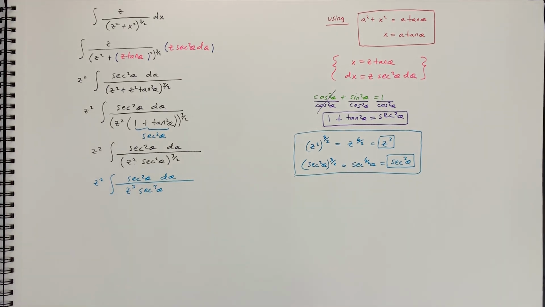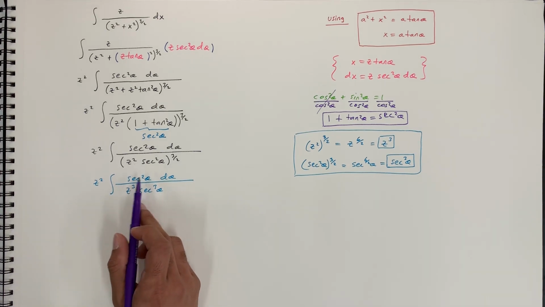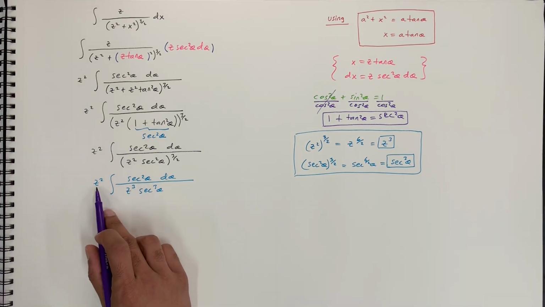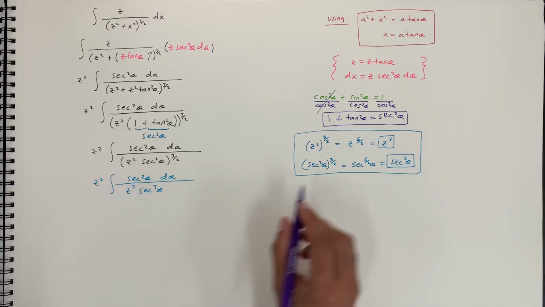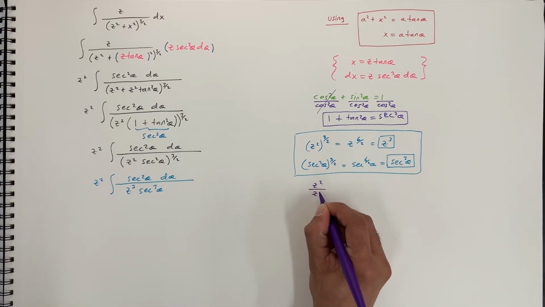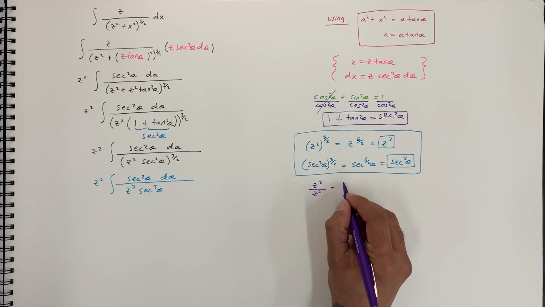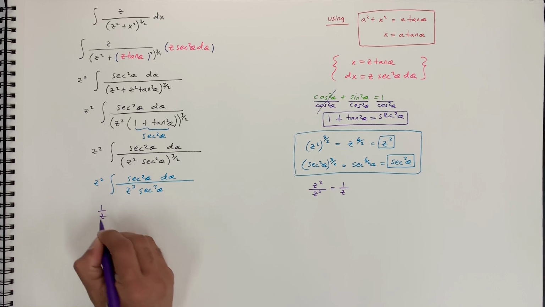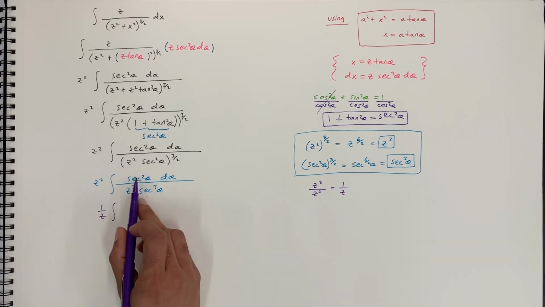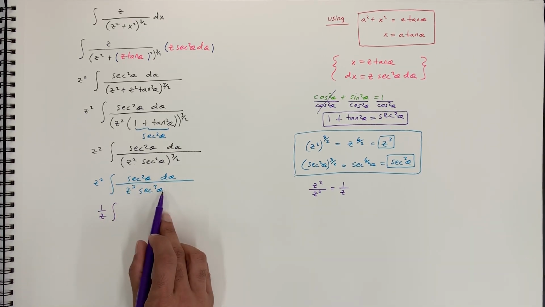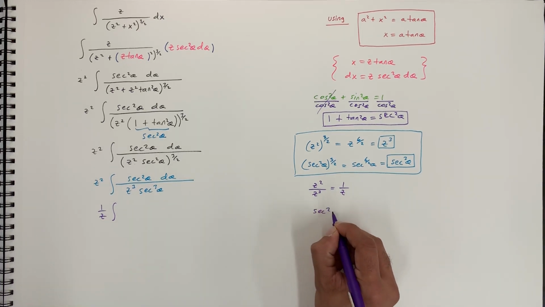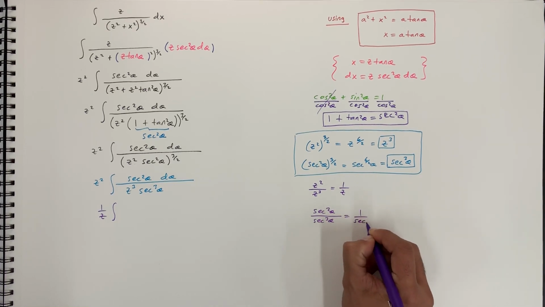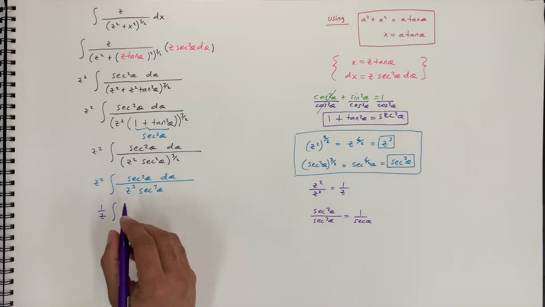Now it's much clearer to see what we can eliminate. We can take this z to the 3rd out here, and if we have z squared over z to the 3rd, we're just going to be left with 1 over z, and that's what we're going to write out here. We have the integral of secant squared on top, secant to the 3rd on the bottom, and so we can write it as 1 over secant.